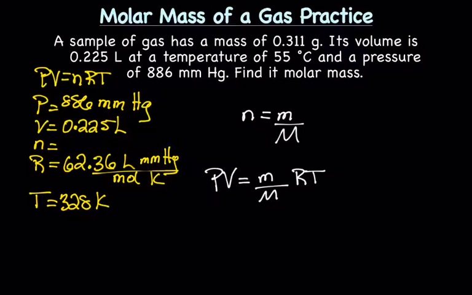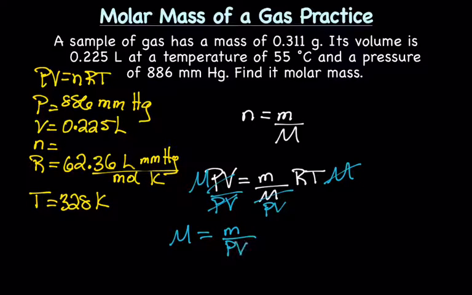And if we want to get our molar mass by itself, we can multiply both sides by molar mass and then divide both sides by pressure and volume. And that gives us a new equation: molar mass equals mass divided by pressure times volume, times RT. There you go. Now we can solve for molar mass.